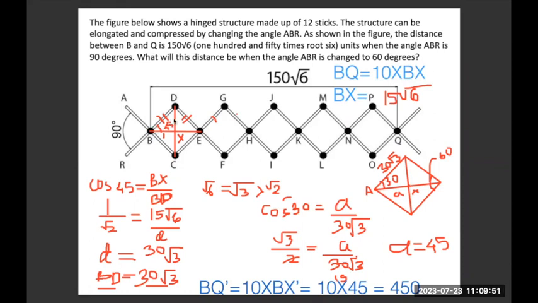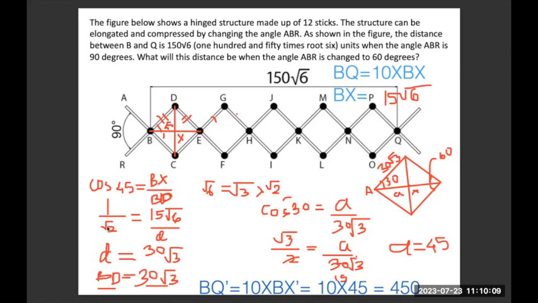So using the BXD triangle, when the angle is 90 degrees, I will first find the hypotenuse. I found that hypotenuse by using cos 45 is BX upon BD.